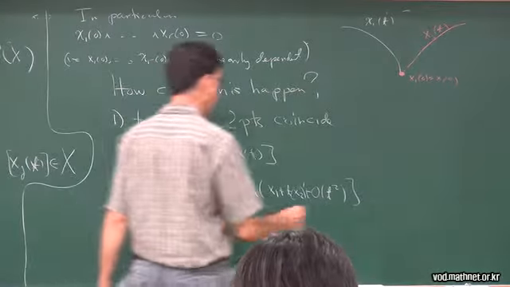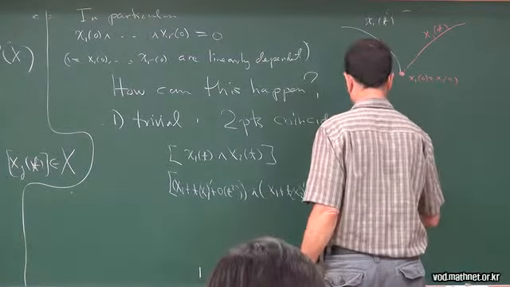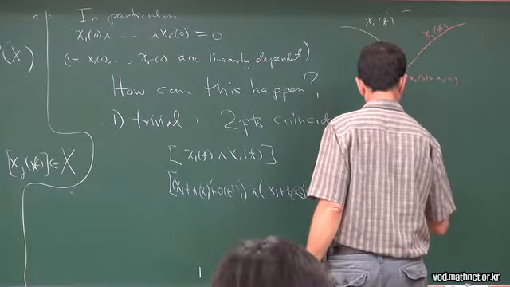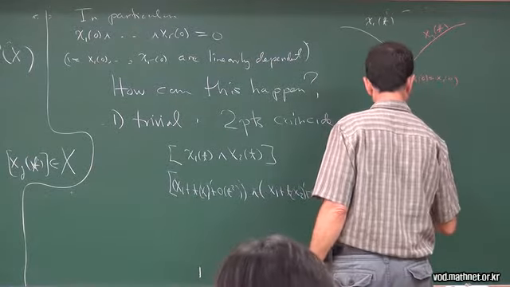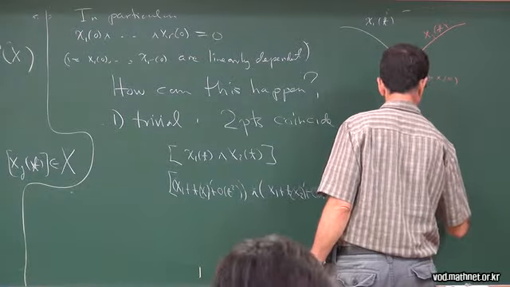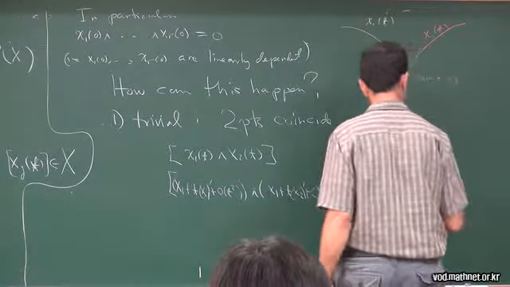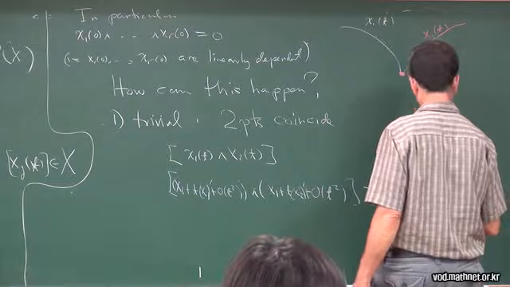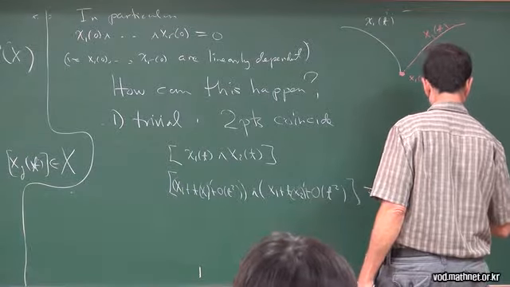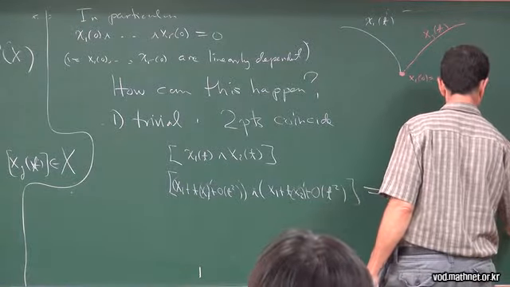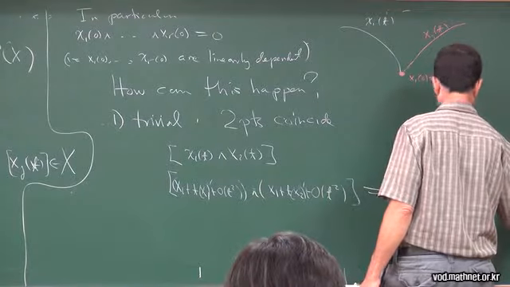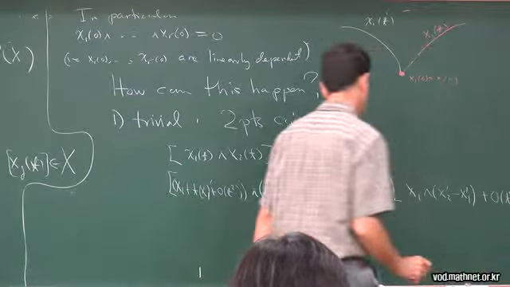So I can rewrite this as x1 wedge x2 prime minus x1 prime plus order of t squared, plus, like that.